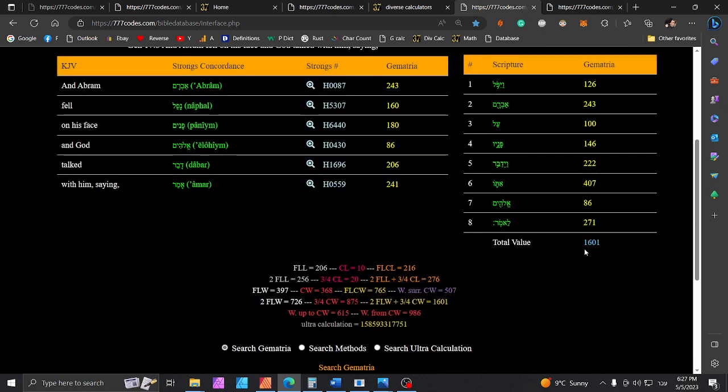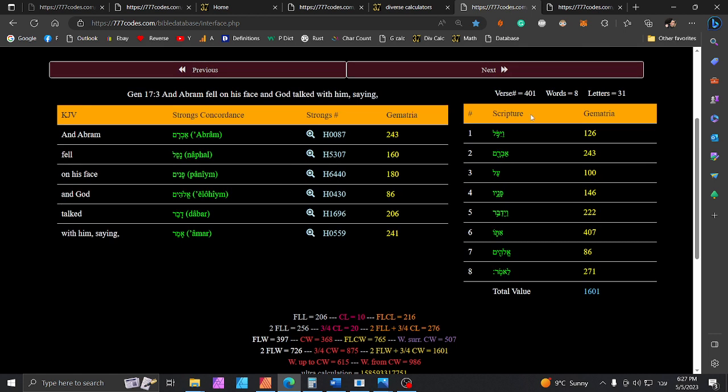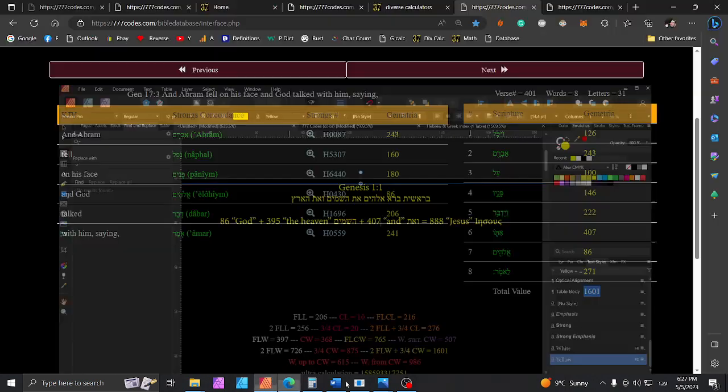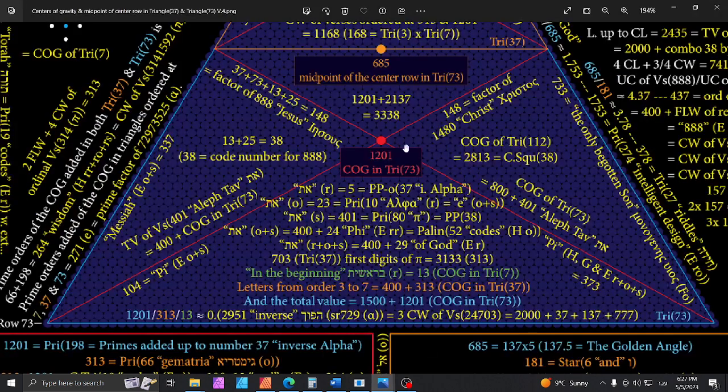To the skeptic, behold, verse number 401. The total value of this verse, 1601, is 400 plus the center of gravity in triangle number 73. And the center of gravity in triangle number 73 is 800 plus Aleph and Tav. Can you believe it? Well, you gotta believe it, because that's the way it is. It's the fact.